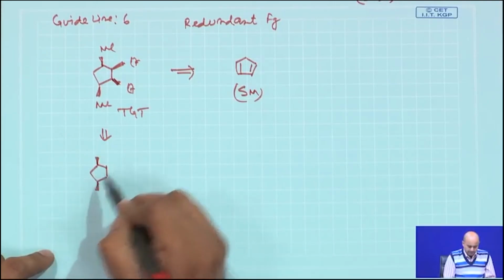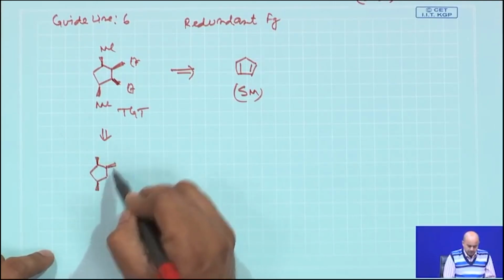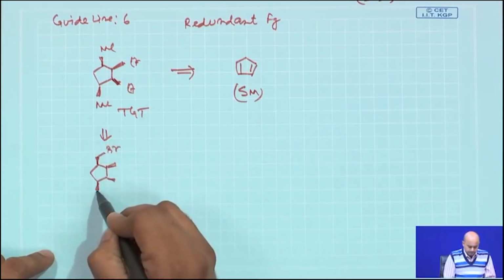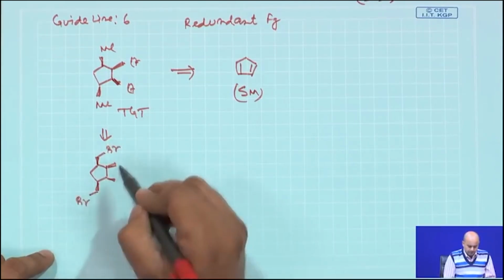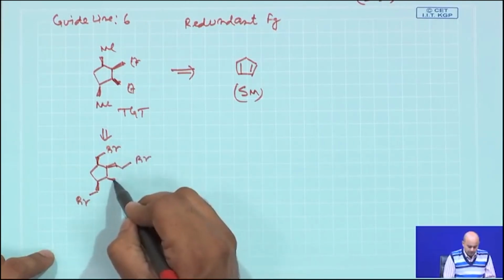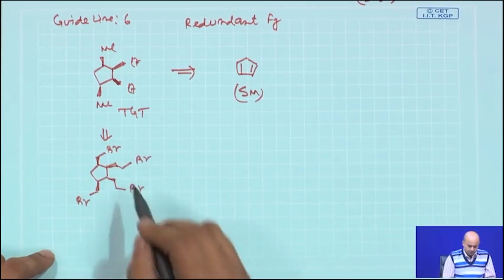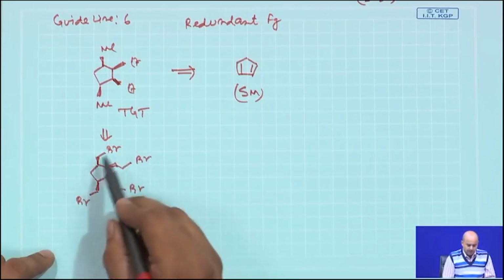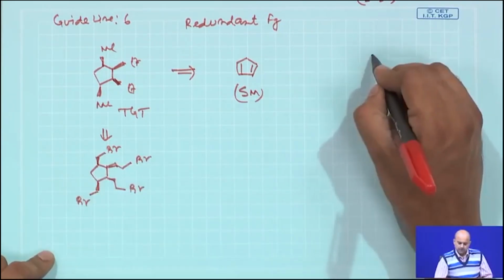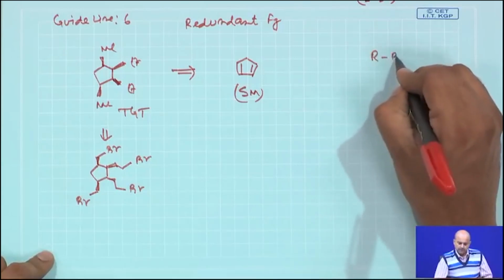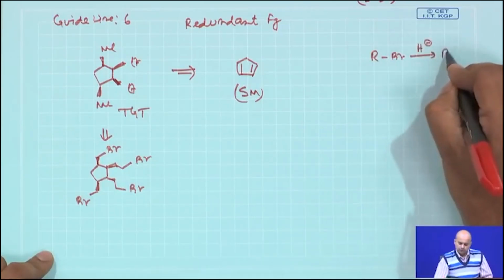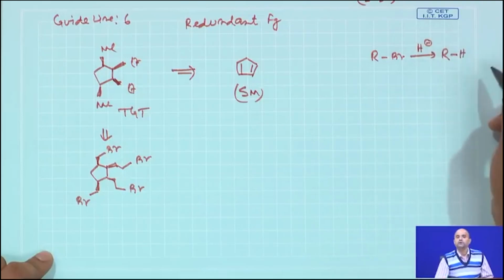We say that probably if you have something like this, all the groups are CH2Br, CH2Br. So, we are trying to have a tetrabromo compound. This bromo compound can be selectively reduced by a hydride source to the corresponding hydrocarbon.